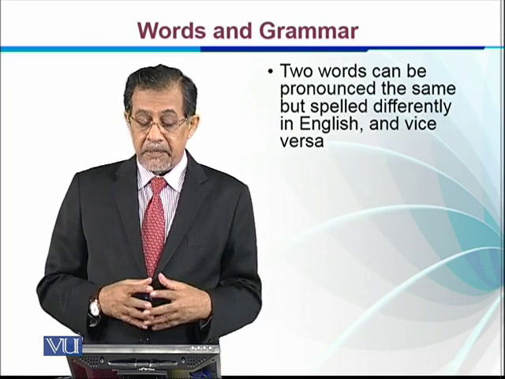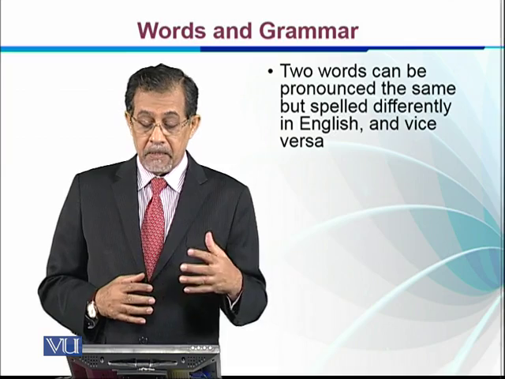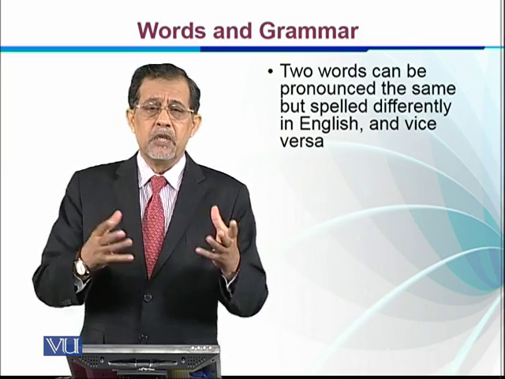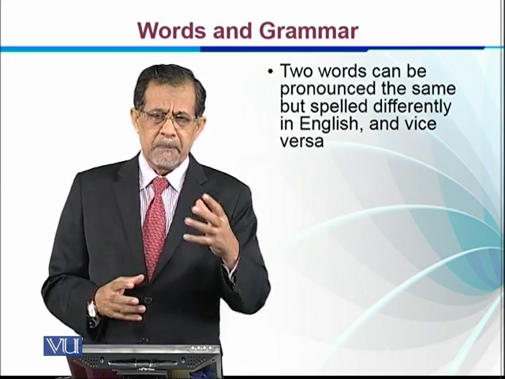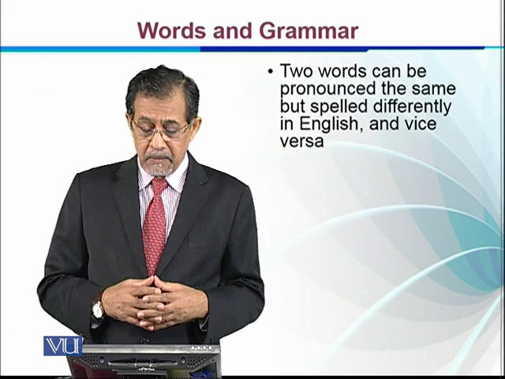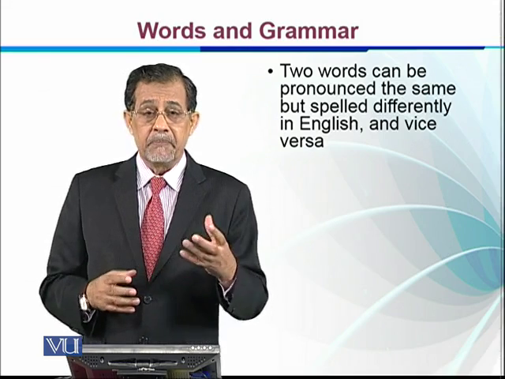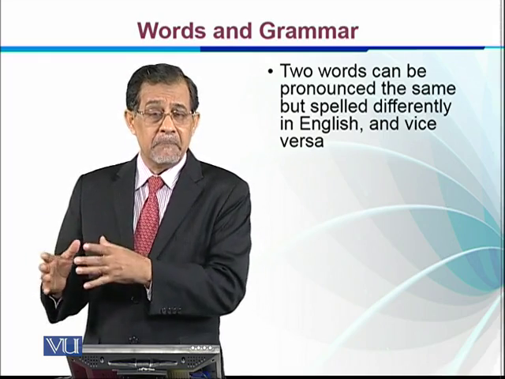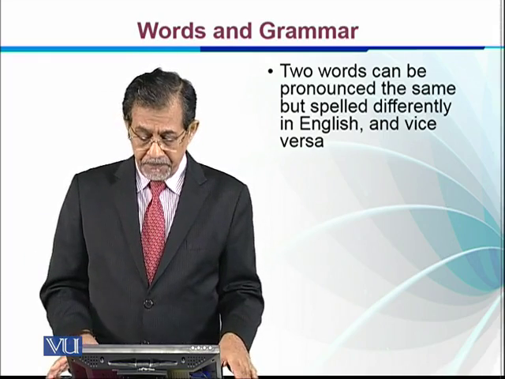Two words can be pronounced the same way but spelled differently in English and vice versa. So we have seen many homophones. They are pronounced similarly, right? So there are many examples of two words having different meanings, so they are two different lexemes because they have two different meanings.